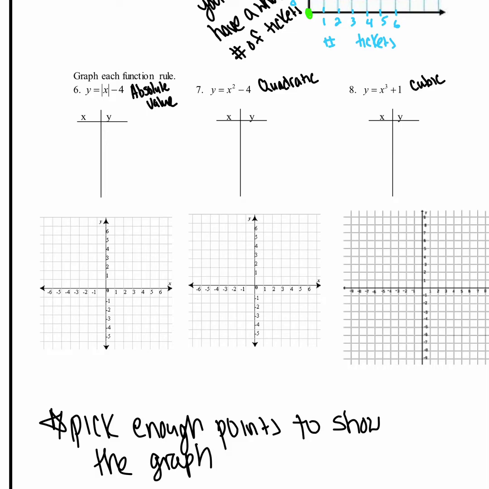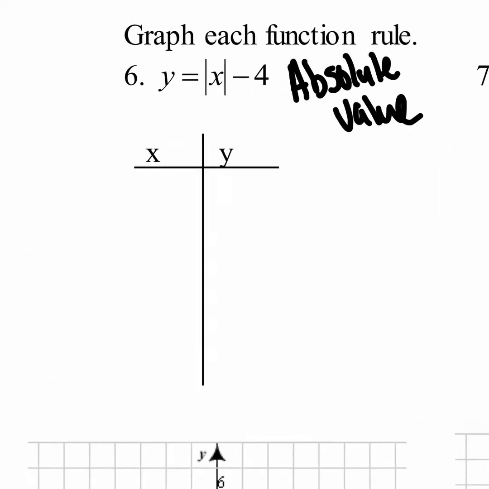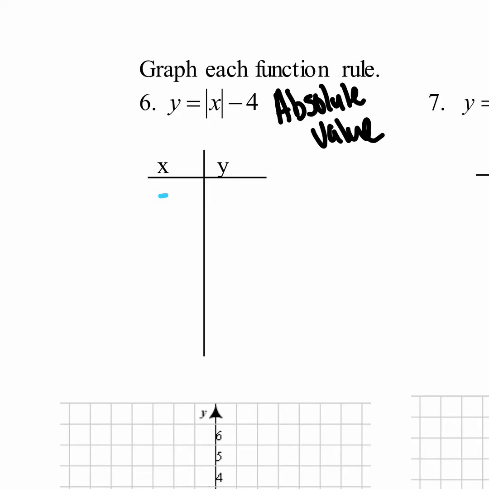Okay, so with these problems, again, like I did on that front page, I would always pick 2 negatives, 0, and then 2 positives. So I'm just going to go ahead and pick -4, -2, 0, 2, and 4.